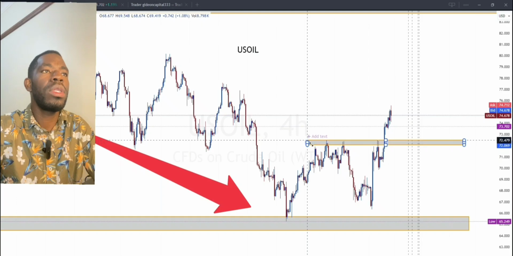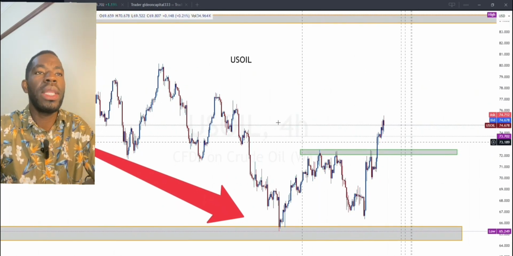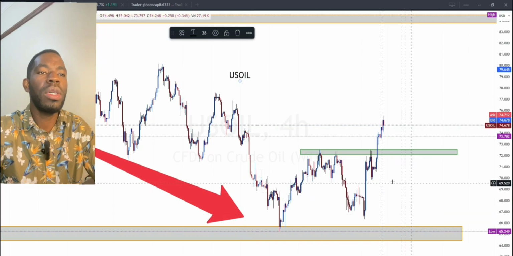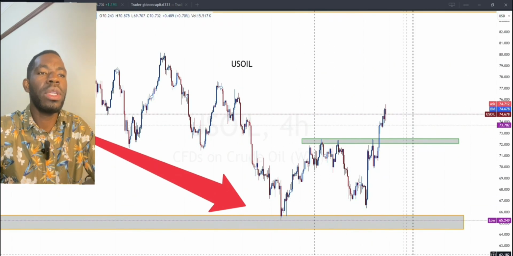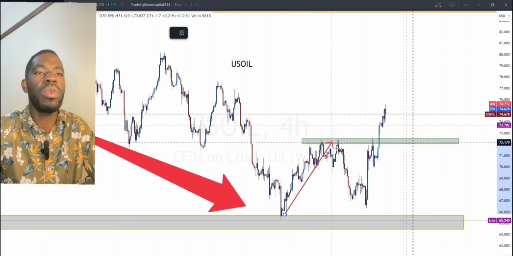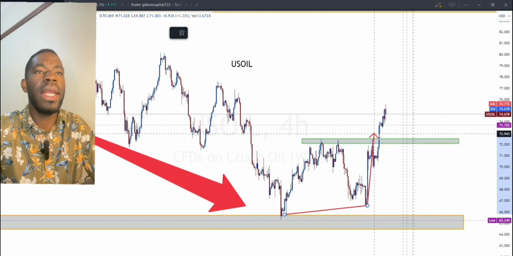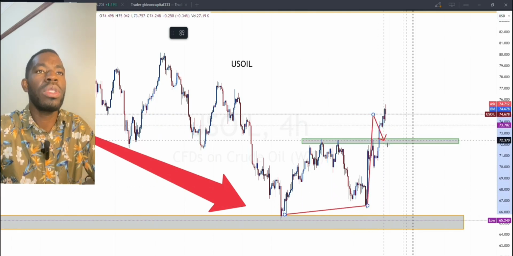This is what I see with US oil, that a higher price has been formed. Previously it moved up and couldn't break above here, then it returned all the way to around support, and then we saw this kind of move, broke above. Now we are anticipating a retest before we can buy all the way to these highs.